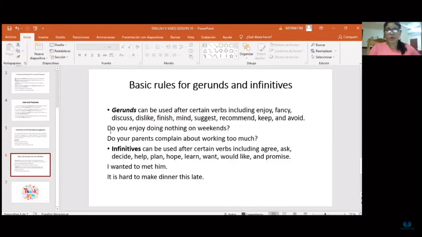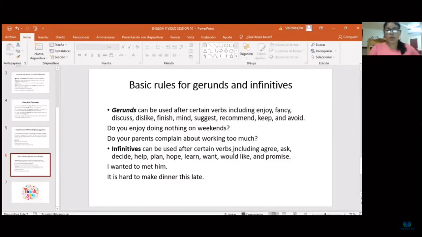For example, do you enjoy doing nothing on weekends? Do your parents complain about working too much? So, for an infinitive, we have certain verbs: agree, ask, decide, have, plan, hope, learn, want, would like, and promise.